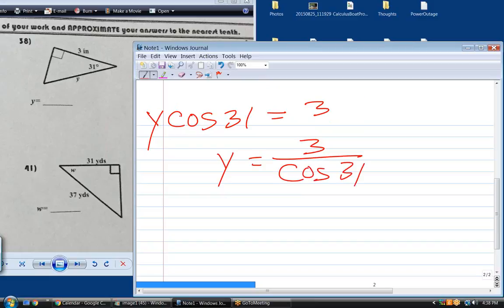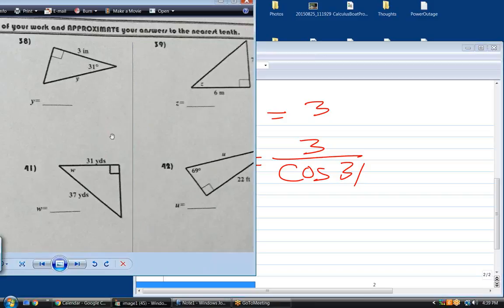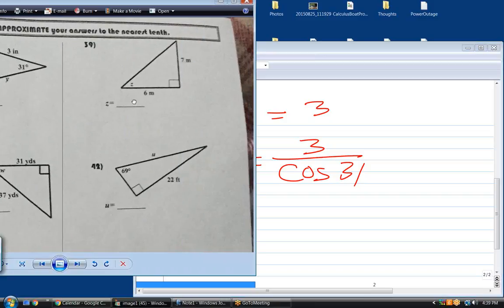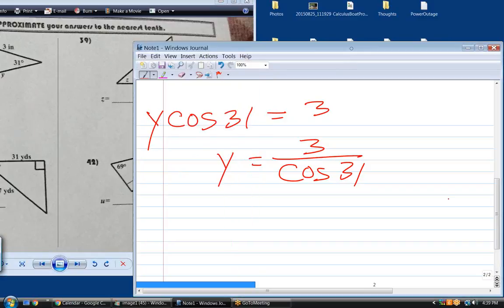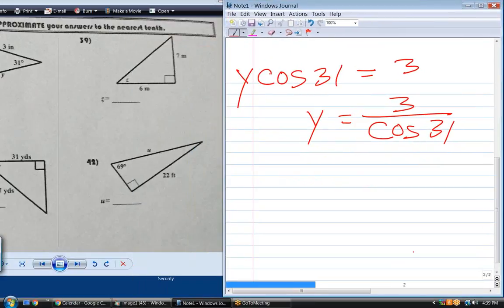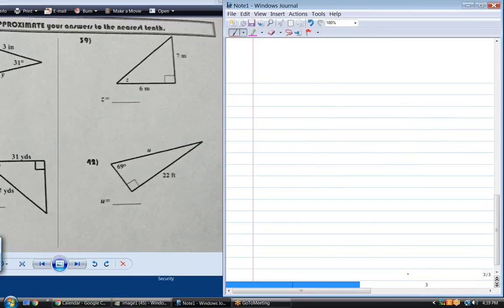Sounds like you know how to use your calculator, so you can go ahead and get that answer and put it down there if this is your homework, but I'm not going to verify each one. Especially when I wasted 5 minutes verifying the first one because I was doing it wrong. Okay. What trig function here?